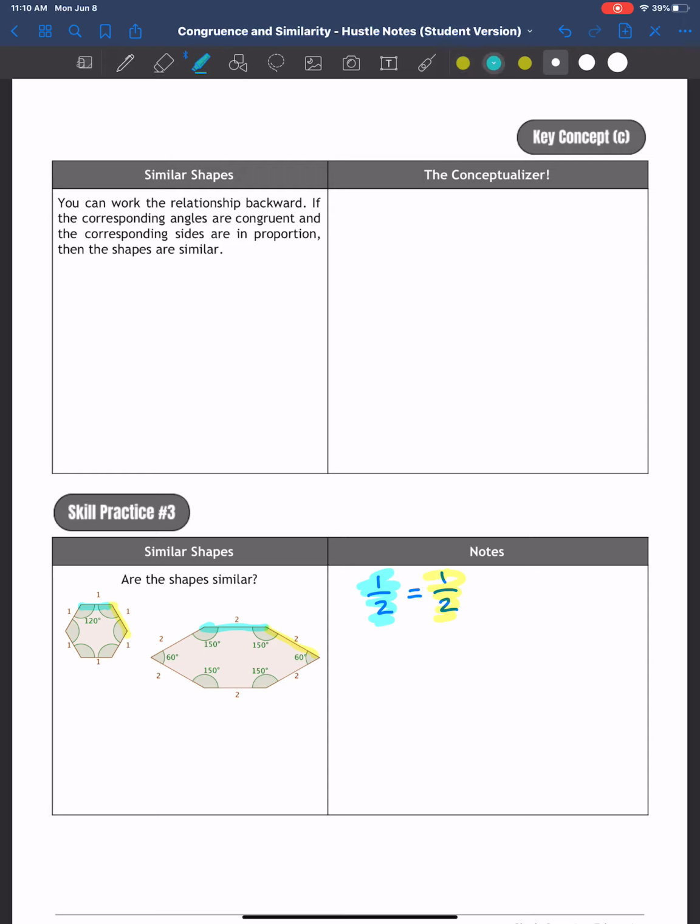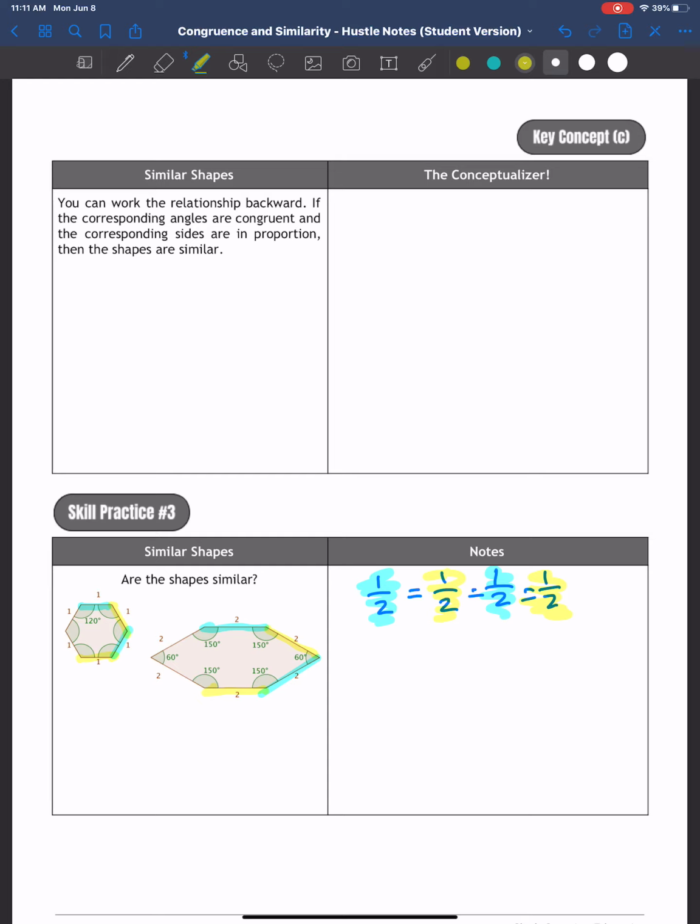Now we're going to go to the next one. One over 2. To the next one. Oops, I missed this side. Would equal 1 over 2. Do you see? So far, all sides are equal to one another, or in proportion, right? They're in proportion to each other.